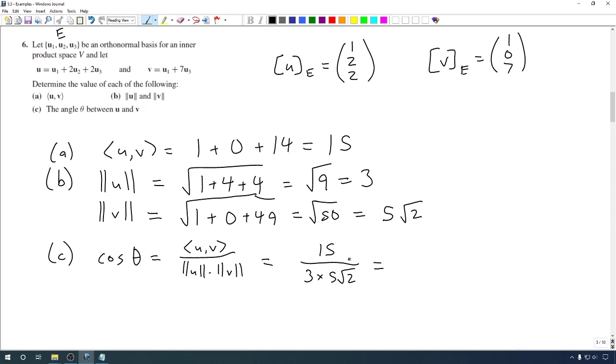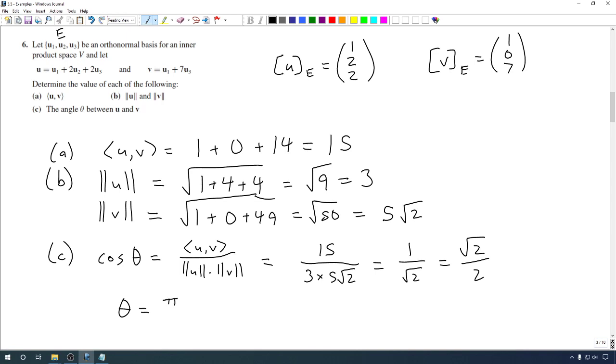Well, 3 times 5 is the 15 that we have on top, so really this simplifies to 1 over square root 2. Or you might like this better as square root 2 over 2, if we rationalize it. But the point here is, what is the possibility for theta? What angle between 0 and pi, or 0 and 180, has a cosine of square root 2 over 2?